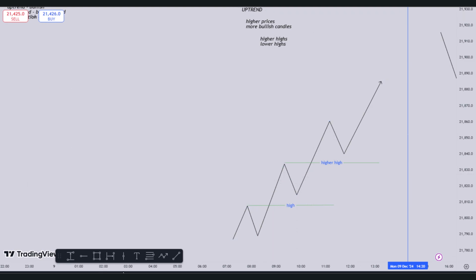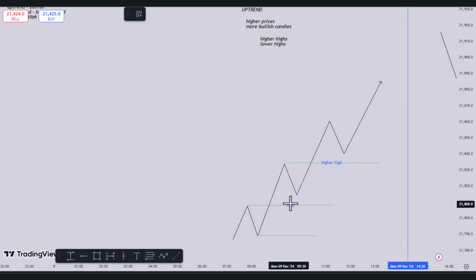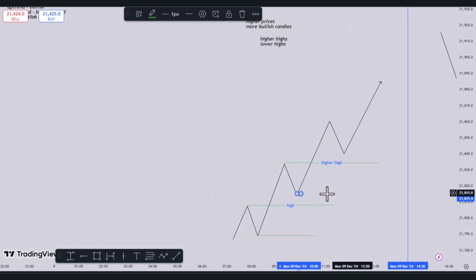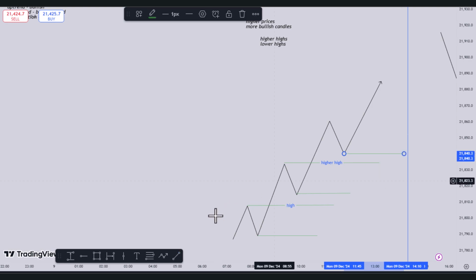Higher highs, and now we can also look at the lows. There is this low here. We also have this low here, and this low here, right there. Then we also have our initial low.